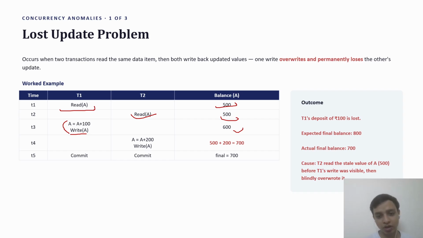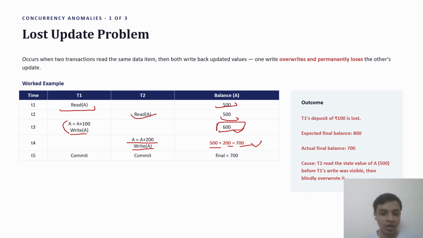That means it is updating it on the log, the temporary log. Now the same thing is done by transaction 2. It updated to 700. Now you might be thinking, if account balance is 600 in the upper row, why are you writing 500 plus 200, not 600 plus 200?